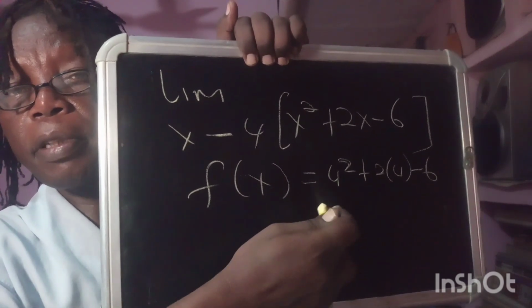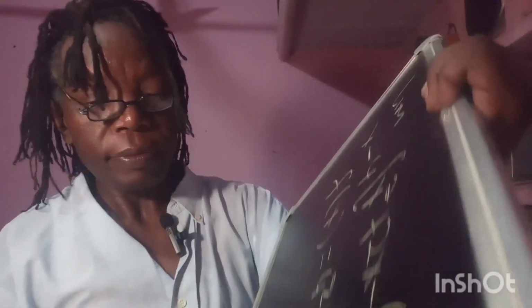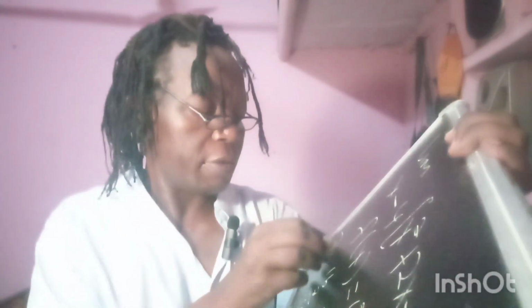Now let's calculate this. 4 squared will be 16 plus 8 minus 6, which is 24 minus 6. What is 24 minus 6? That would be 18, right? So this will be the answer.